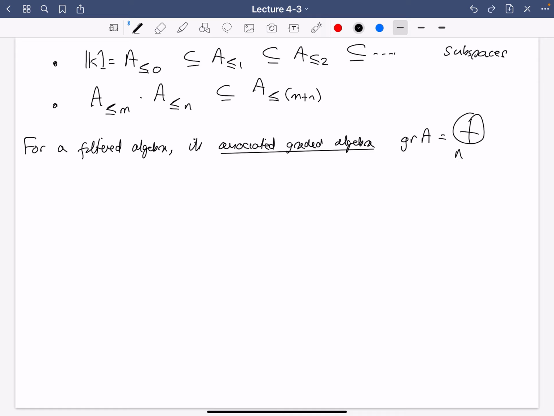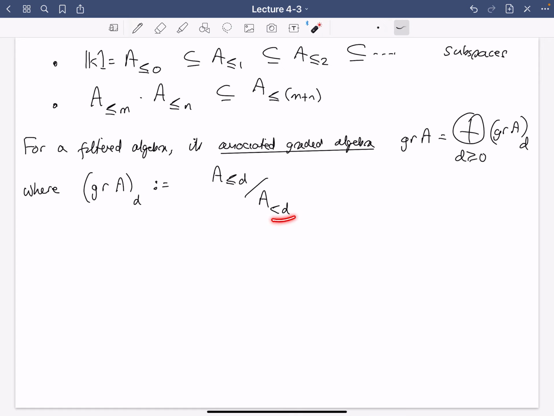Maybe I use d for degree. Where the degree d piece, by definition, is A less than or equal to d quotiented out by the subspace A less than d. I think that notation is just the common sense thing, as you expect. The direct sum of all the... I should probably write A less than or equal to d minus 1, but that's a bit clumsy.